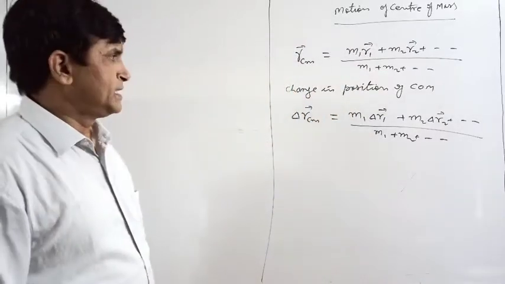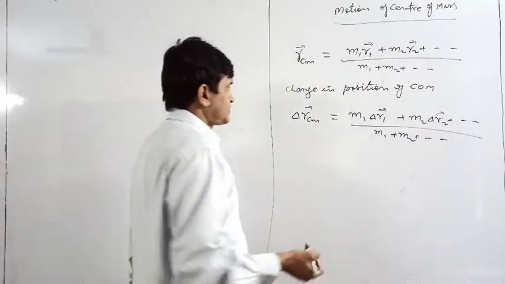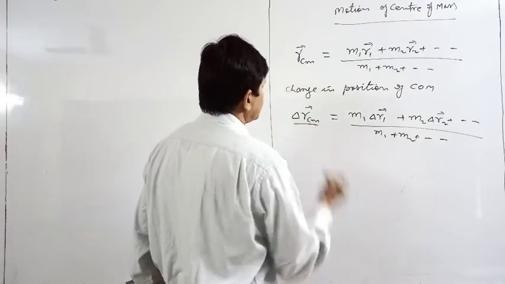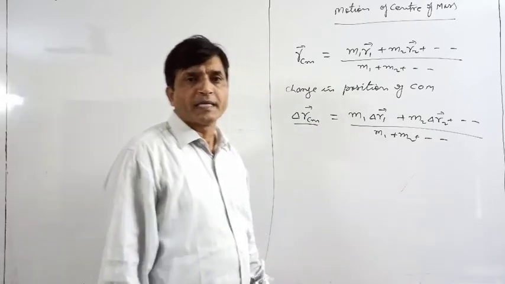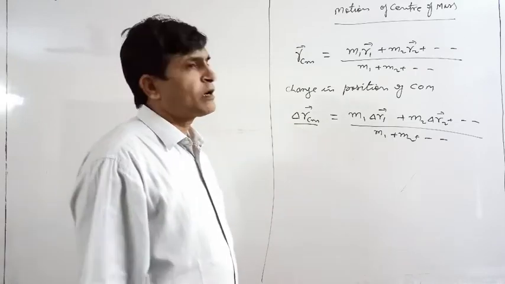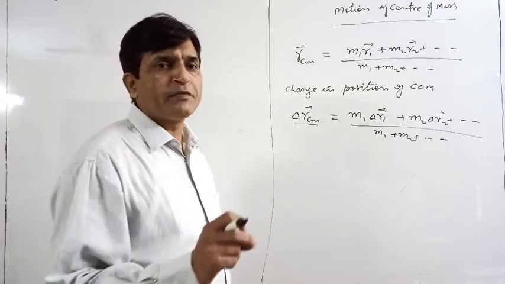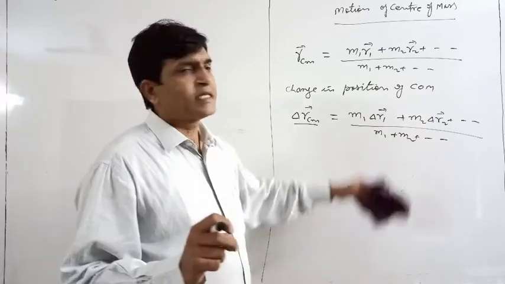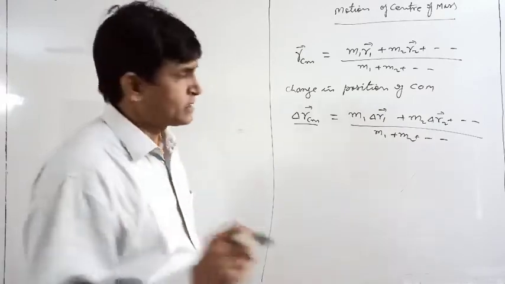This we can write. To see here, delta RCM, change in center of mass. Okay, so change in center of mass will happen only when the particles are either in motion or some force is acting.